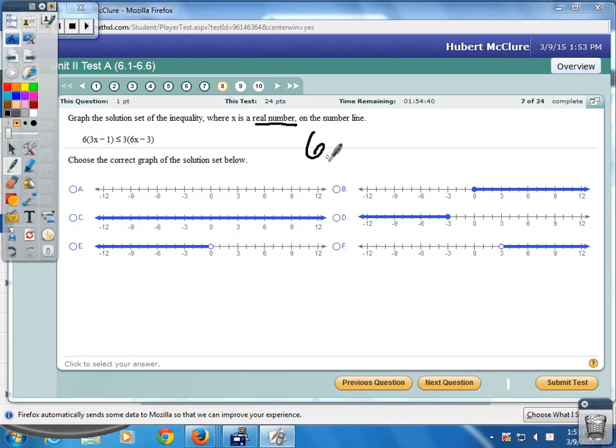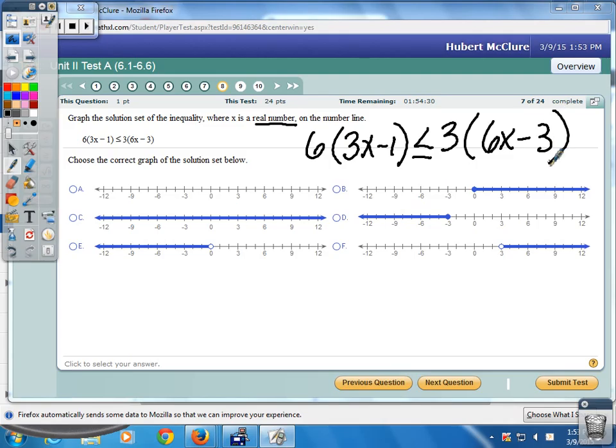6 times 3x minus 1 is less than or equal to 3 times 6x minus 3. And what's your first step? Distribute.